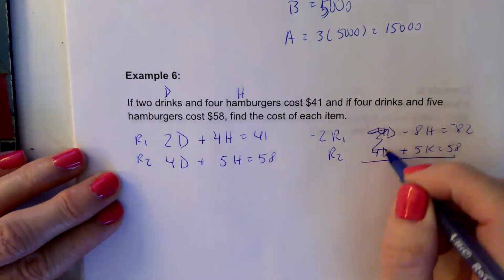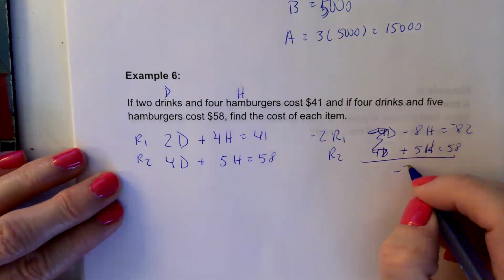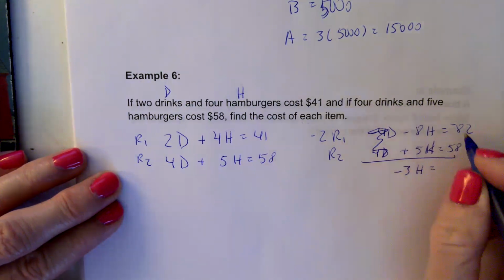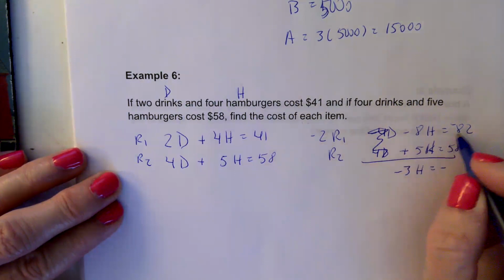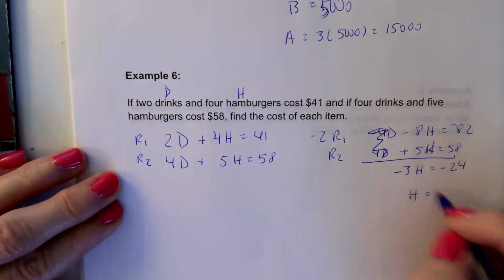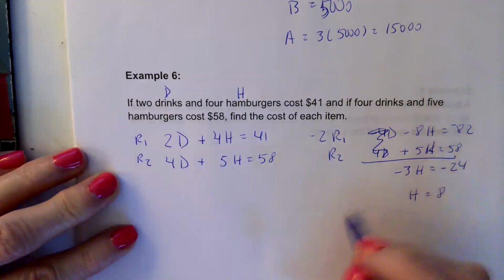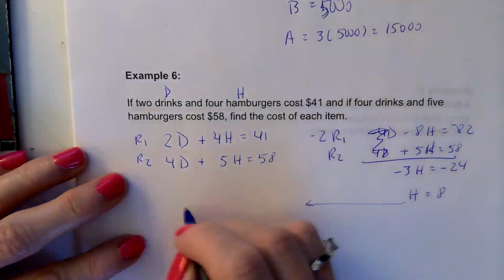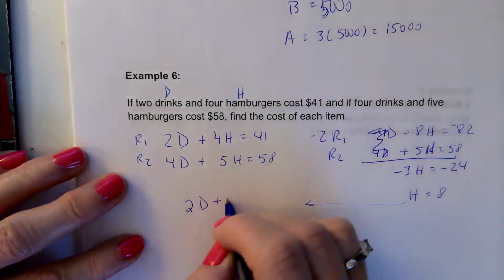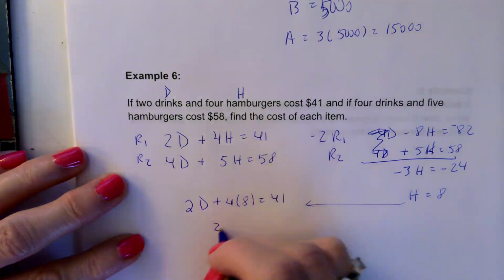So my D's do cancel, and I have a negative, oops, that's H, not K. -3H equals -24. And if I divide by -3, I get H is 8. So I'm going to say 2D plus 4 times 8 is 41.